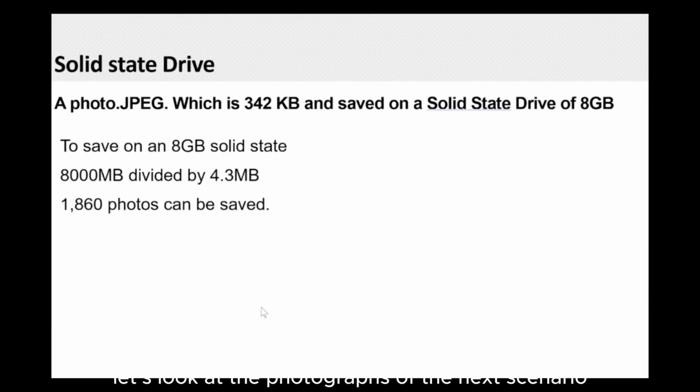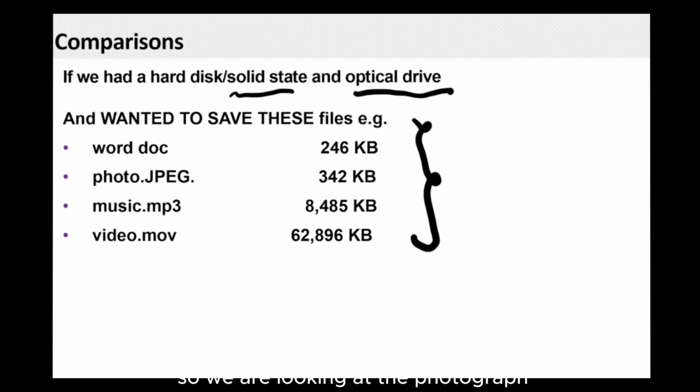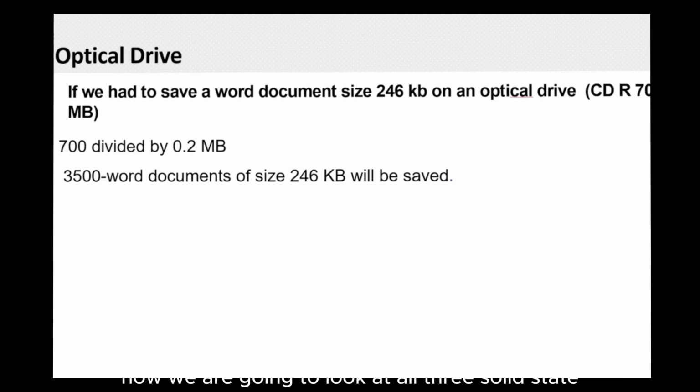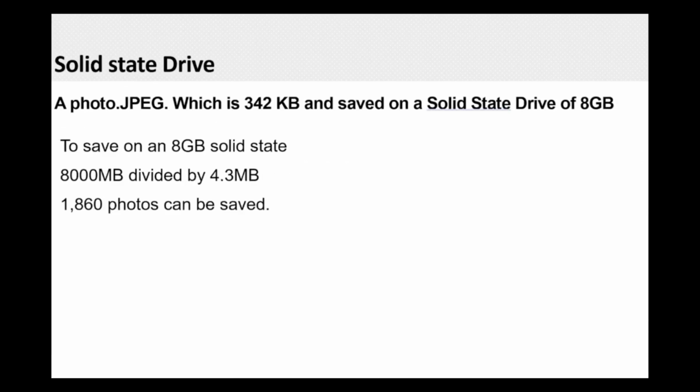So let's look at the photograph. The next scenario was the photograph, which is 342 kilobytes. So we are looking at the photograph now. We are going to look at all three: solid state, optical, and magnetic hard disk drive. So let's look at solid state first.